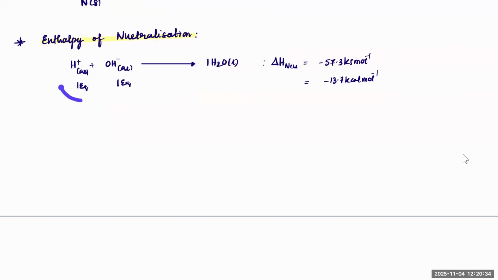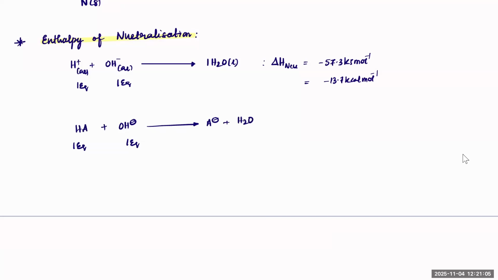And you can notice that for a strong acid and a strong base, the value will remain the same. But if you have a weak acid plus strong base of one equivalent each, and I react them, then the weak acid, which I'll write as HA, will convert into A minus plus H2O.